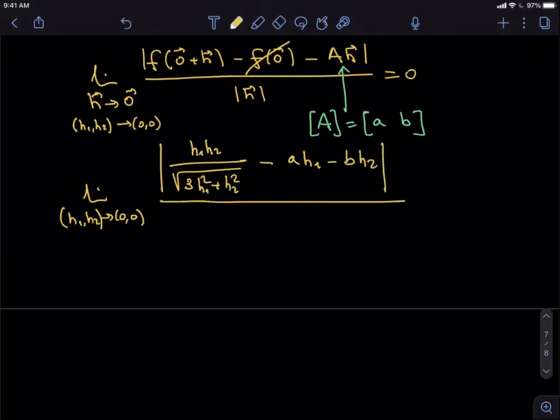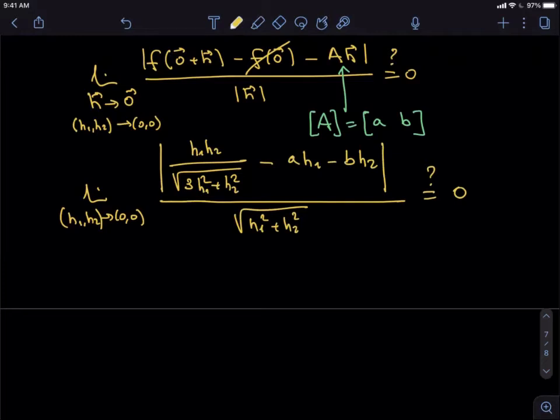And then here I divide by the square root of h1 squared plus h2 squared. And I want to know if this is 0. But again, I don't know a and b yet, and that's a problem.